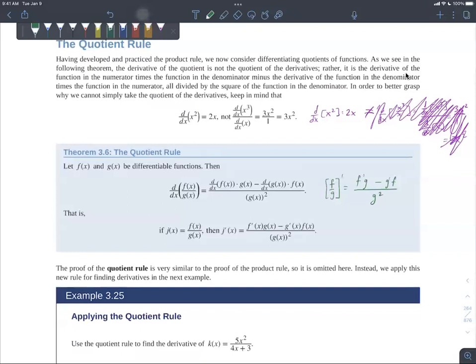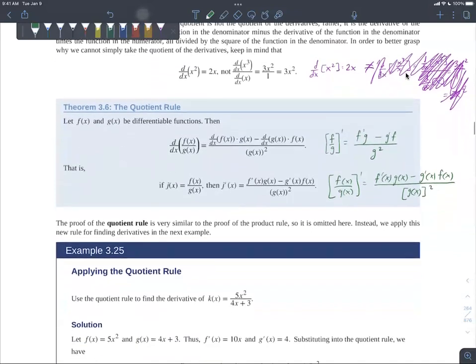And so my notation here is like I'm writing it more simply, but basically it's, if j of x is f of x over g of x, then exactly what I wrote, the derivative of f of x divided by g of x is equal to f prime times g minus g prime times f over g squared.